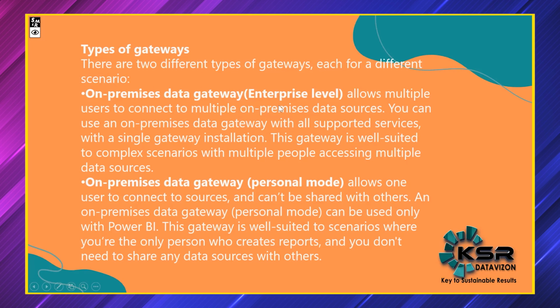If we have access to this enterprise-level gateway, multiple users like employee one, employee two, employee three can all access it. The other is the personal gateway, at the personal level. Personal means only one user who has that particular gateway access is allowed to use it. This is the difference between enterprise level and personal gateway.